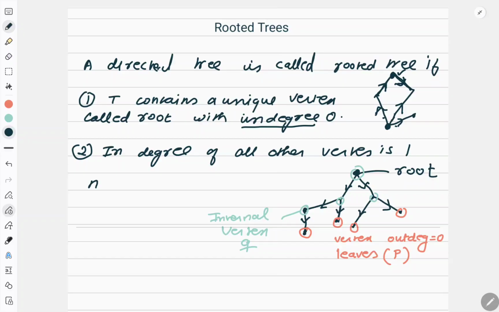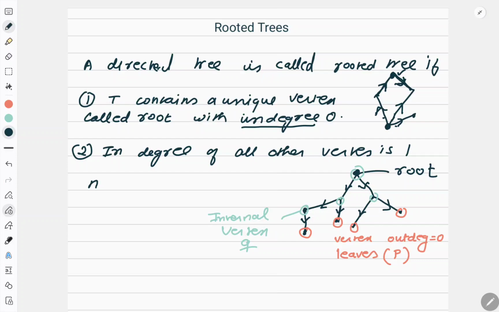So all the vertices are represented by N, internal vertices by Q, and leaves by P, and there is one special root.